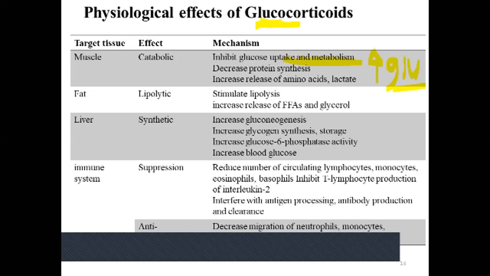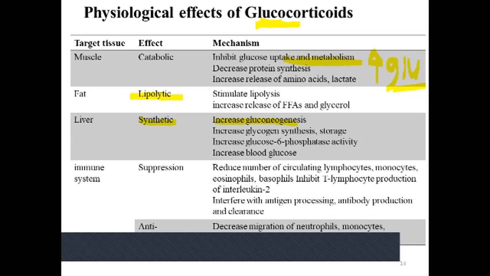On fat, they can cause degradation of lipid, but on fat metabolism they have two effects: increased degradation as well as synthesis. But mostly, the net effect is accumulation of fat in some parts of the body, especially around the abdomen and the back of the cervical region. We'll discuss that later. On the liver, they have a synthetic effect. Mostly, they increase the production of sugar.